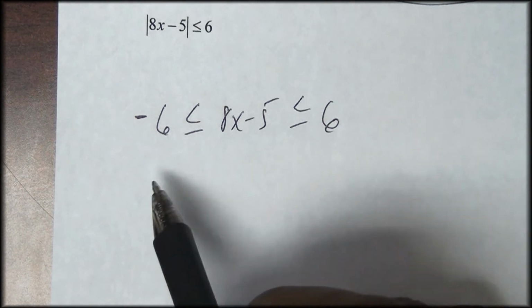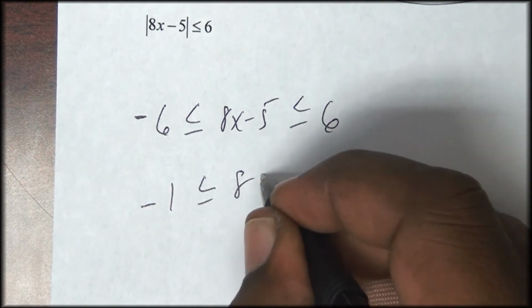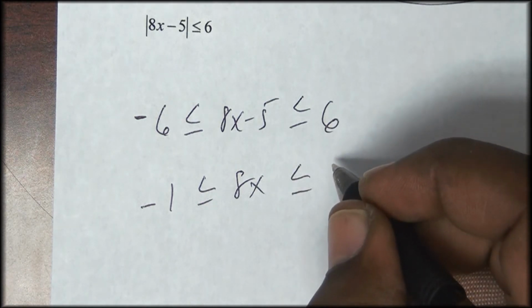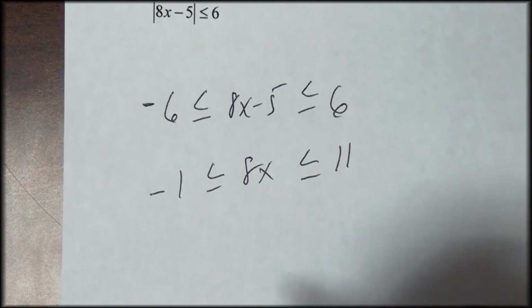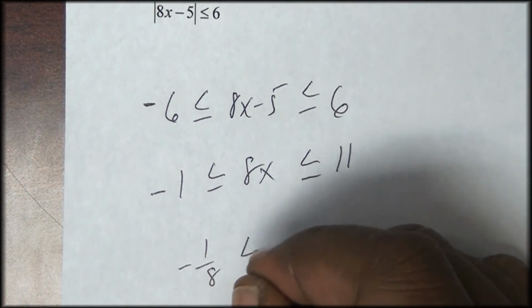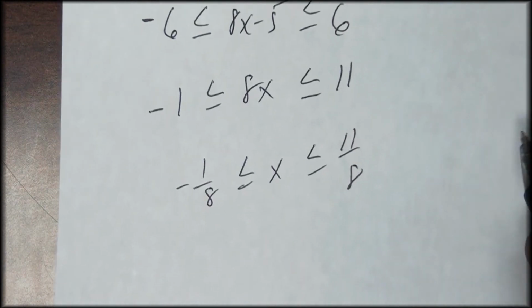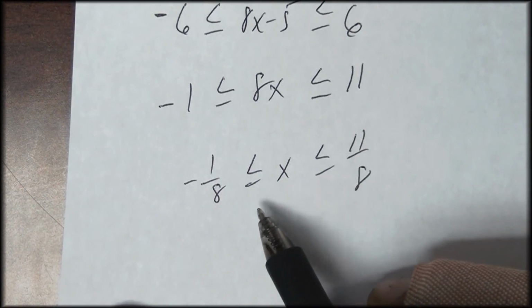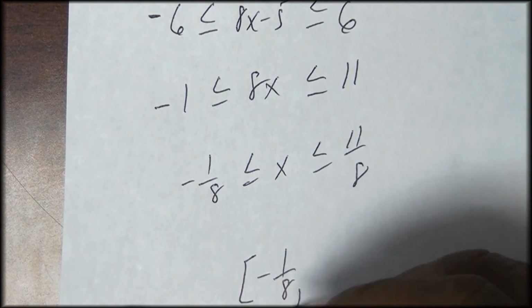So first we'll add 5 to all 3 sides. Next, we'll divide by 8. And we'll write our answer in interval notation. So we have the closed interval from -1/8 to 11/8.